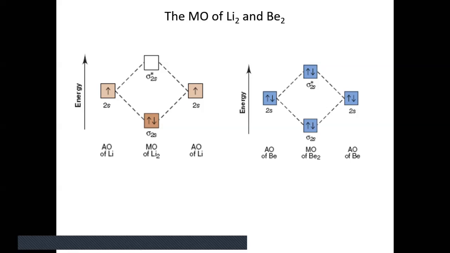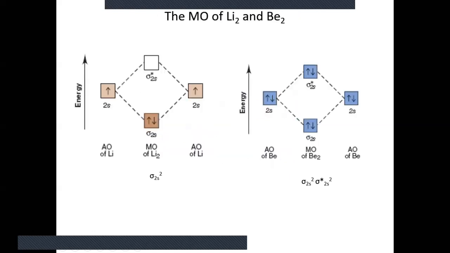Whenever you have completely filled bonding and antibonding orbitals, it's going to be highly unstable. The molecule is not going to exist. So the molecular orbital configuration is sigma 2s2, sigma star 2s2 for beryllium 2.